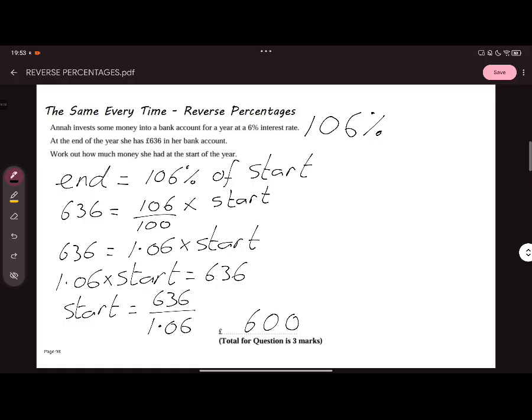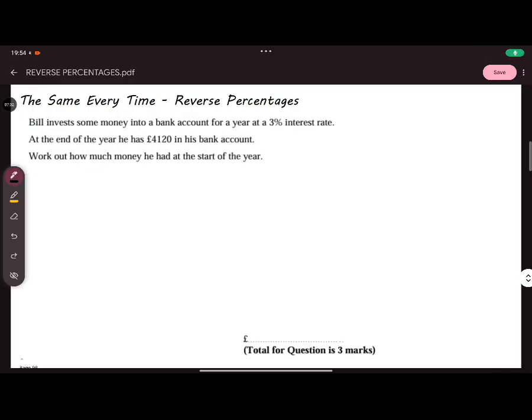There we are. It's the same every time, apart from the numbers. One more question. Why not pause the video, have a go at this one yourself, then we'll compare our answers. So again, actual exam question worth 3 marks, and the 3 marks is the clue that we are actually dealing with a reverse percentage question. So Bill invests some money into a bank account for a year, 3% interest rate.